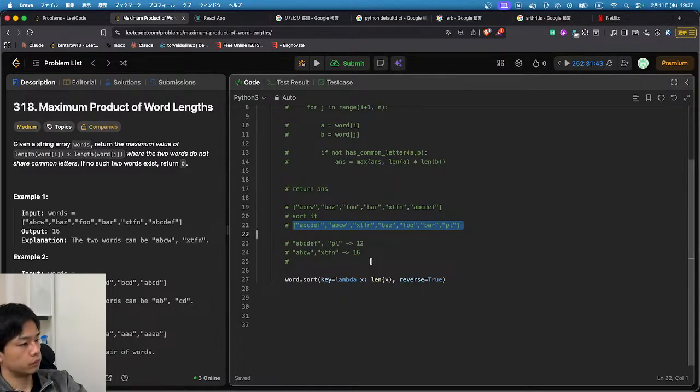Or before the loop, I want to create some data structures in order to check common letters A, B, C, D, E, F.